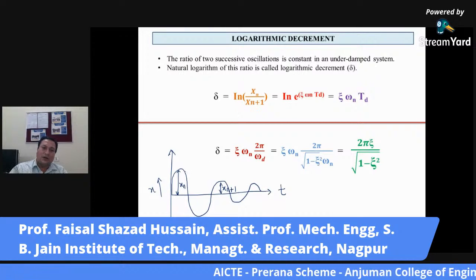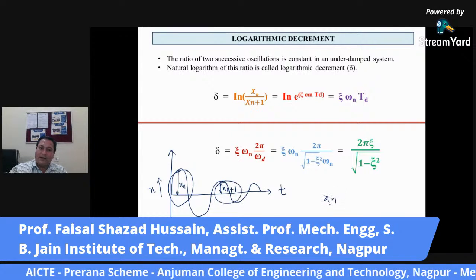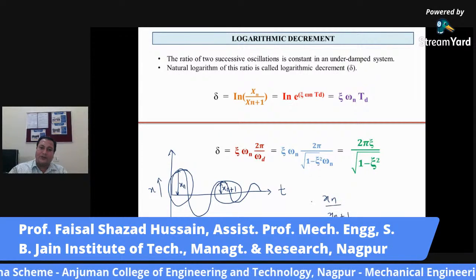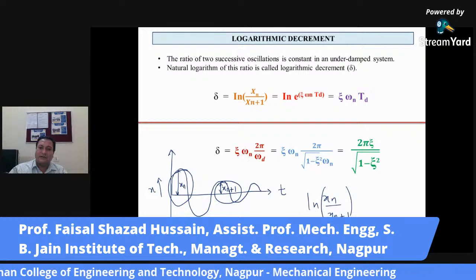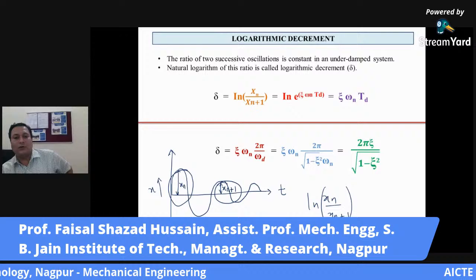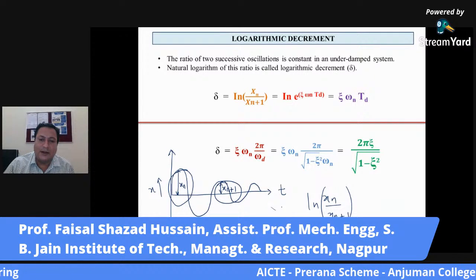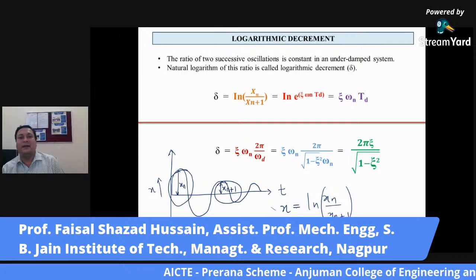Which ratio? Ratio of two successive amplitudes. If I take the ratio of these two successive amplitudes with respect to its natural logarithm value, then I will get the logarithmic decrement.